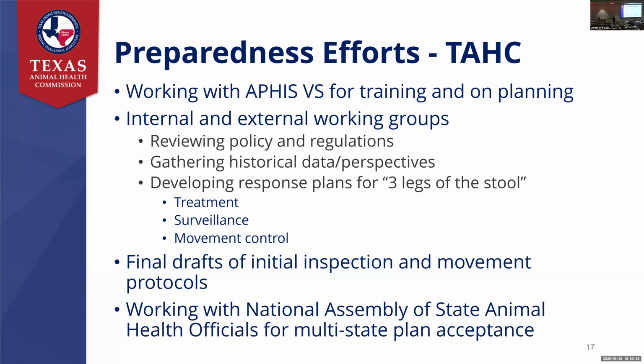I don't have any slides of our control protocols up here, so I'm just going to try to explain them. We're going to treat it like any other foreign animal disease outbreak with control areas. We're going to base those control areas and surveillance areas off the flight distance of a New World screwworm fly, which is anywhere from 6 miles to 12 miles.